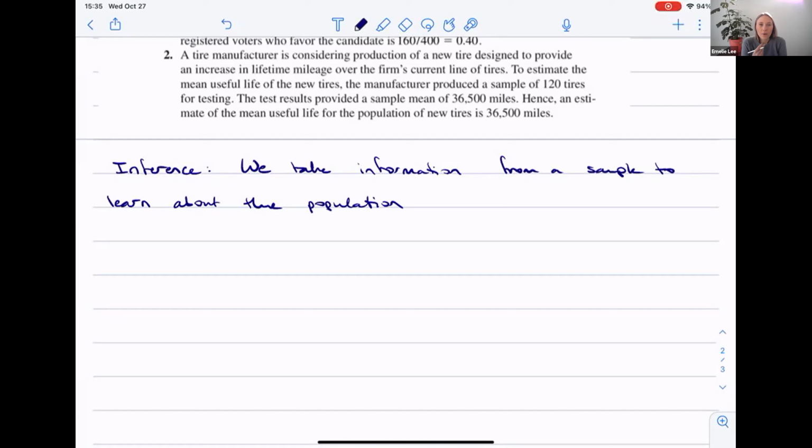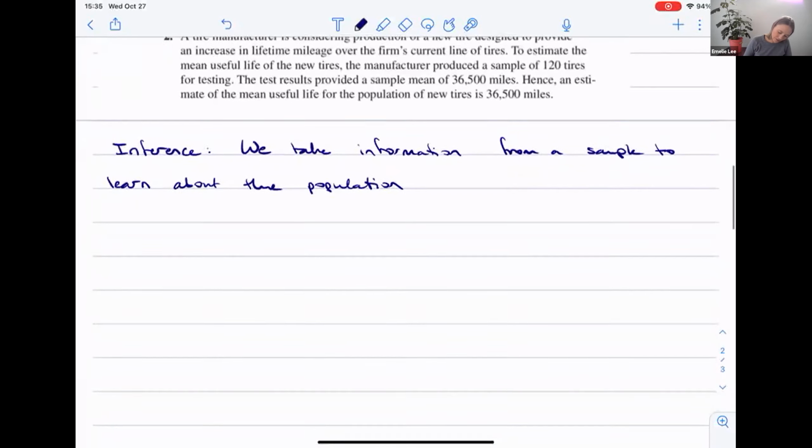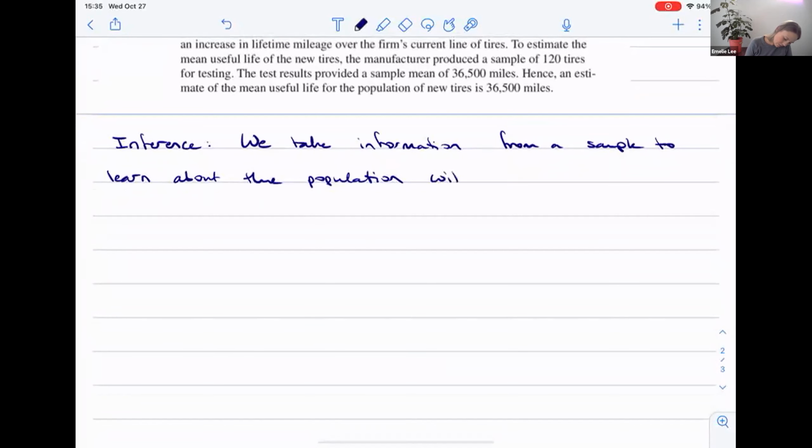We don't want to have to look at the entire population, so we take information from a sample without having to collect information from the entire population.